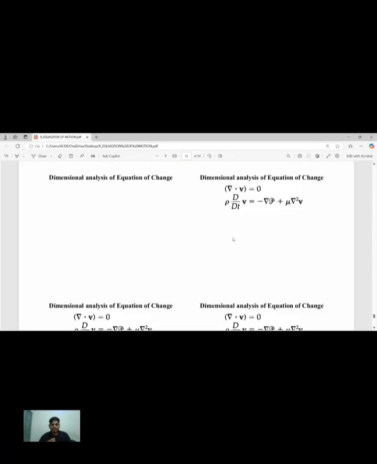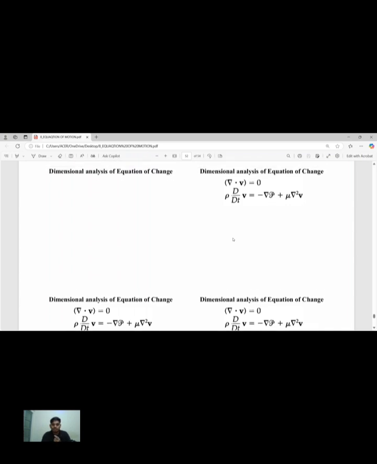Now we will see dimensional analysis of the equation of change. First, there is one equation, del dot v is equal to 0.